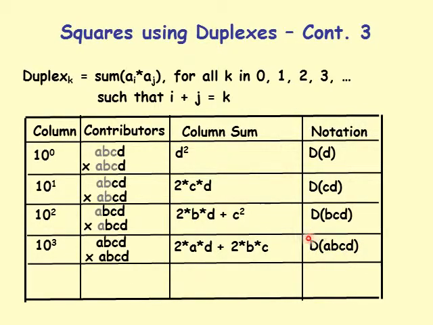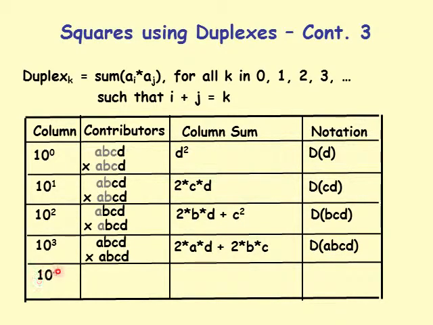We call that the duplex of ABCD. ABCD were the contributing elements in our columns in this product. So the duplex of ABCD is 2AD plus 2BC. A and D, that's 2AD. B and C, 2BC. Let's continue.